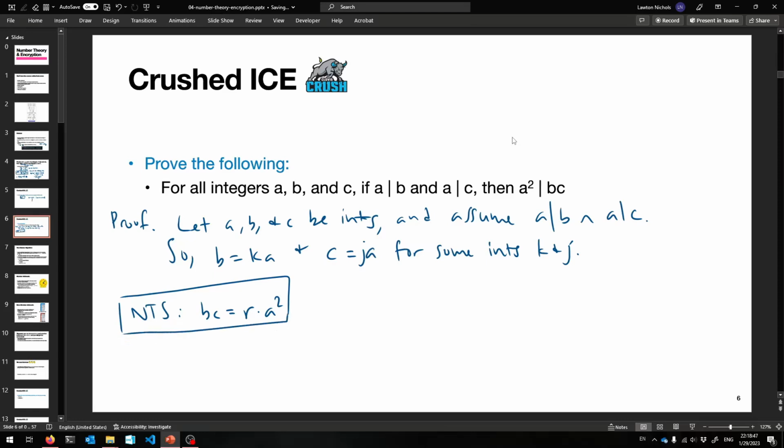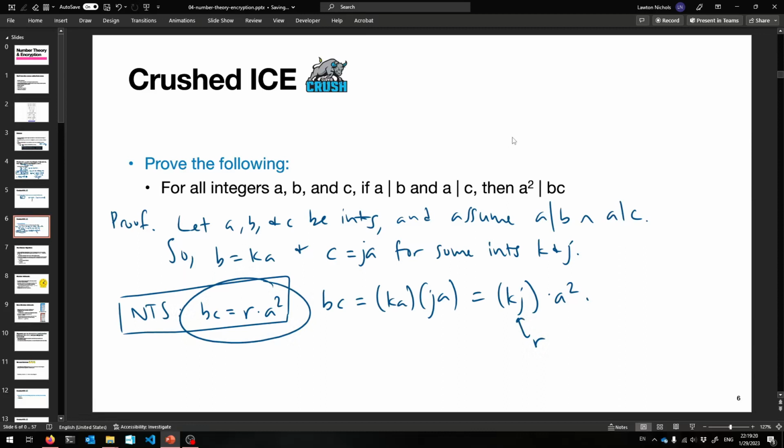All right. So let's work our way backwards again. So I know that bc is equal to, well, here is something that I can plug in for b. Here's something that I can plug in for c. It's ka times ja, and ooh, see what's going on here? I can factor out an a, or I can bring out an a twice. That's kj times a squared. And this is a multiple of two integers, which is itself an integer, and I could pick that for my r.